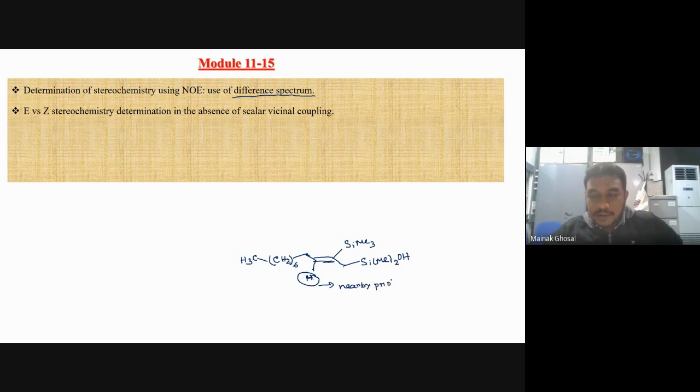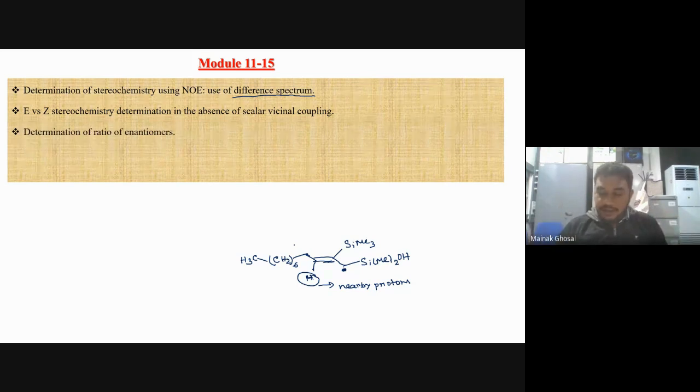Okay. So if you saturate this, the nearby proton will be affected much more. But if it is on the opposite side, the effect will be very small because it will be very far away. Okay, so you just saturate one proton and you see how it affects its nearby partners. From there, you can confirm which type of geometrical orientation the molecule has got.